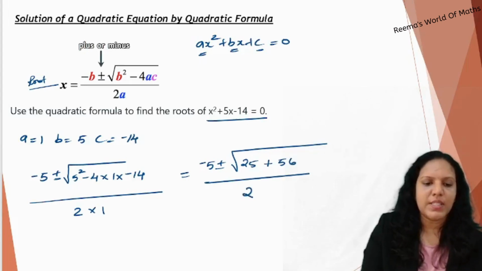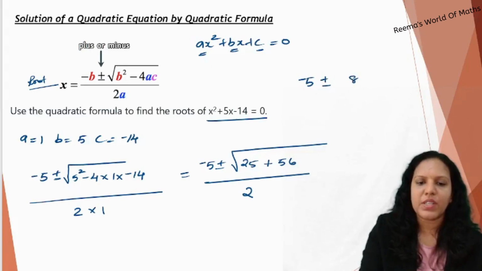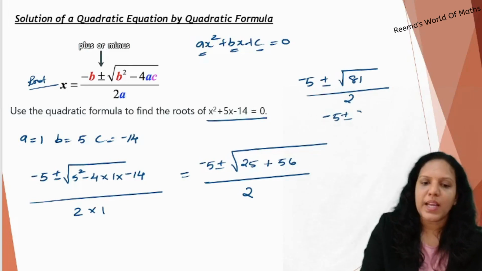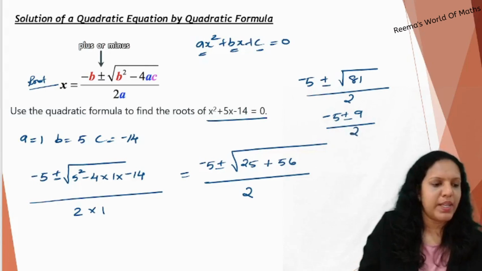So that is minus 5 plus or minus square root of 25 plus 56, that is 81. Square root of 81 divided by 2. The square root of 81 is 9, divided by 2.